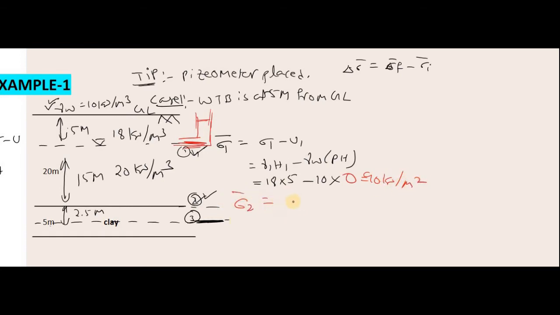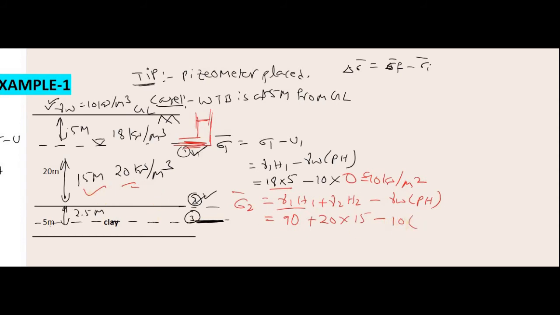Now effective stress at 2: gamma 1 H1 plus gamma 2 H2 minus gamma W into pressure head. So this is 90 plus gamma 2, which is 20, into H2, which is 15, minus gamma W, which is 10.